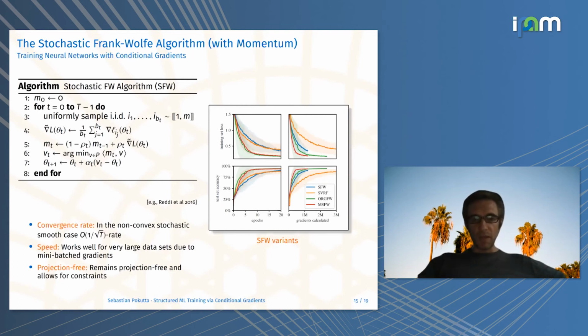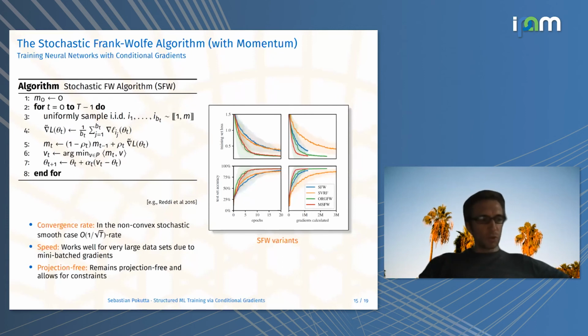In the non-convex stochastic smooth case, you get a 1/√T rate, which is what you would expect to get. It's very fast. You can solve very large data sets here. In fact, we have TensorFlow and PyTorch implementations, and they are, I don't know, a small factor slower than the SGD corresponding ones. And you again retain the projection-freeness that you can use to induce solution structure.